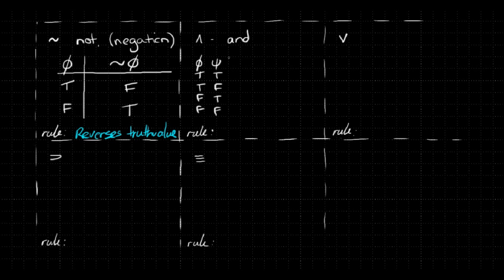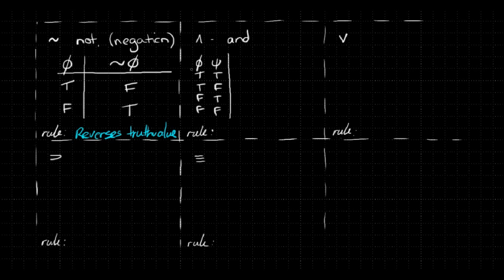In this left-hand column, we just list the different combinations of truth value that these two things can have. So in the first case we've got them both being true, in the second we've got the first one being true, the second being false, in the third we've got false then true, and then in the last one we've got false and false. And that exhausts all of the possibilities.